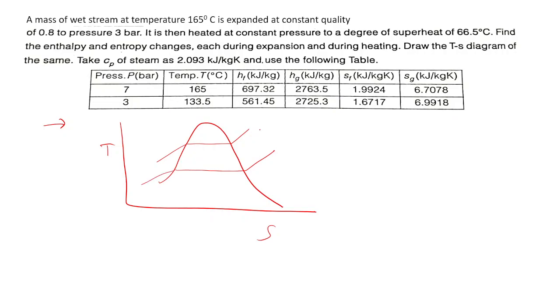Expansion means we are going from higher pressure to lower pressure. So this is P1, this is P2, and they have told us this is the constant quality line.